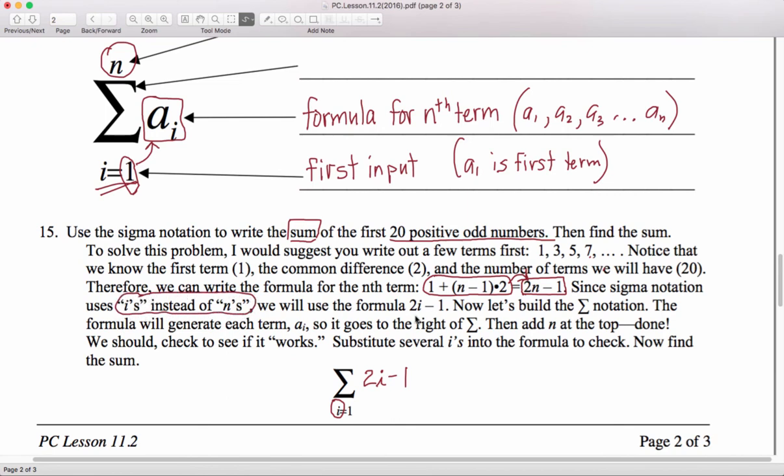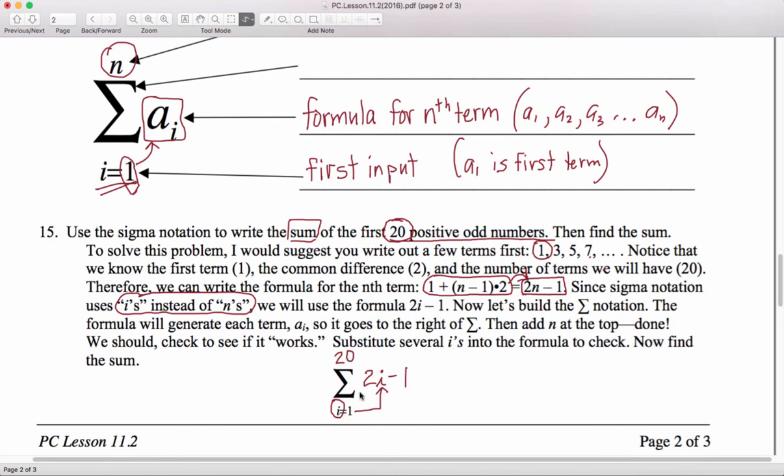We'll just adjust that. Now that we have the formula, we already know what the first input is, and we can check that. If you plug in 1, 2 times 1 minus 1 does in fact give you 1. So this formula is working for the first term. And clearly they told us they wanted 20 terms, so our last n would be 20, or I guess I should say the last i.